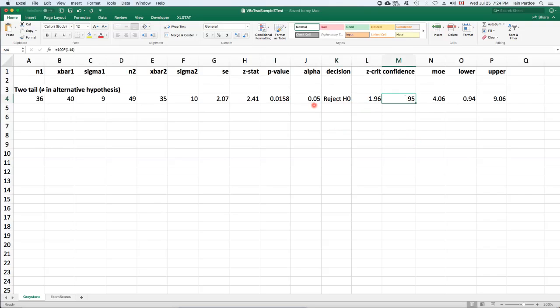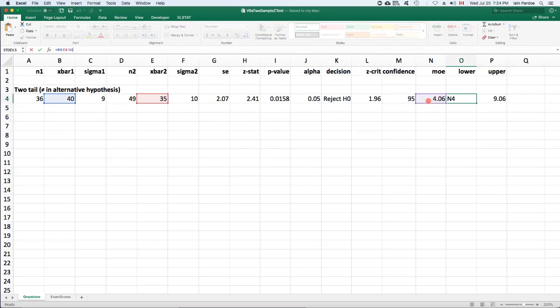We could also calculate a confidence interval here. So confidence is related to the significance level. So 5% significance level, 95% confidence. Margin of error is that critical value times the standard error. And then the lower bound of the confidence interval is the difference in the means, which is 5, minus that margin of error, and the upper bound is the difference in the means, 5, plus that margin of error.